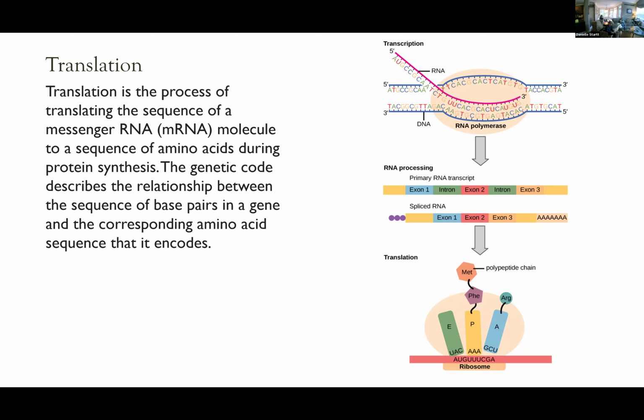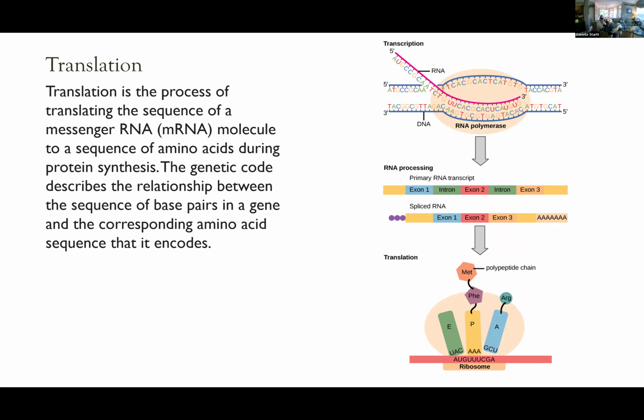Each chunk of 3 is going to get translated into a particular amino acid. Like GTC may mean make this particular amino acid, let's just call it amino acid A, all right? And then you get another combination, TCA, and that means make amino acid B.